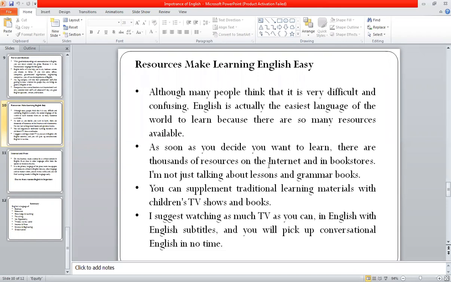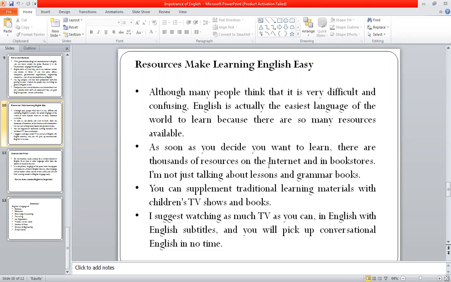You can find thousands of resources on the internet alone. With the help of those resources, you can easily learn English. So this is one point about resources.